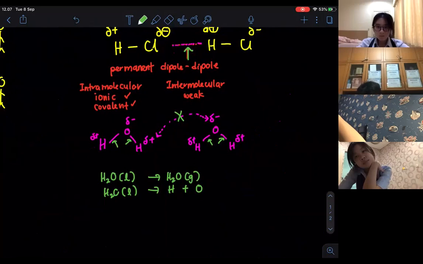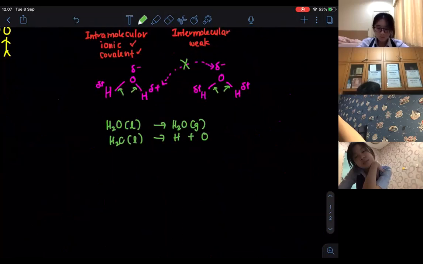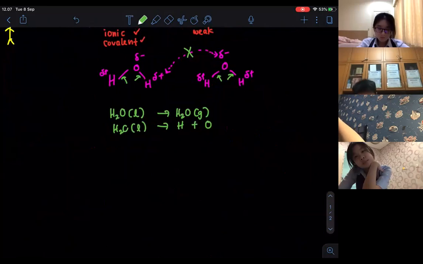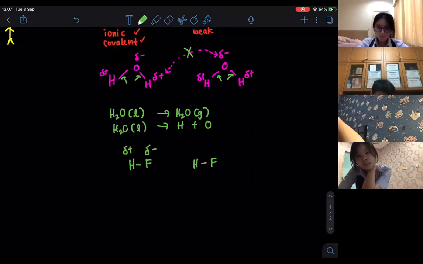I know water is a polar molecule. Another example, H and F: delta positive, delta negative, the bonding between them. This one also you can categorize as permanent dipole-dipole.